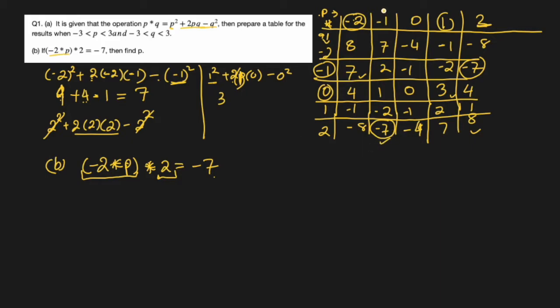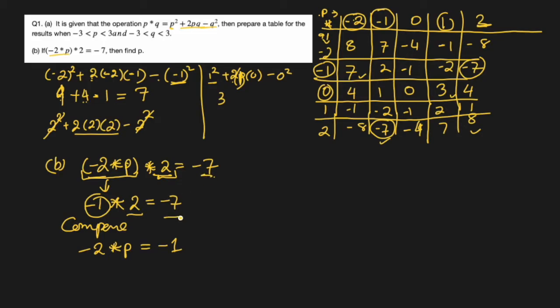That means the first number is -1. So this can be written as -1 star 2 equal to -7. Compare, and by comparing it means that -2 star P equal to -1, this -1, because this two, -7, -7, they are equal.